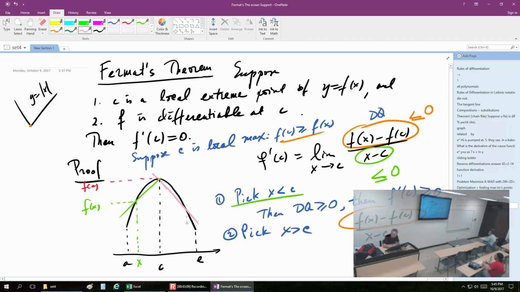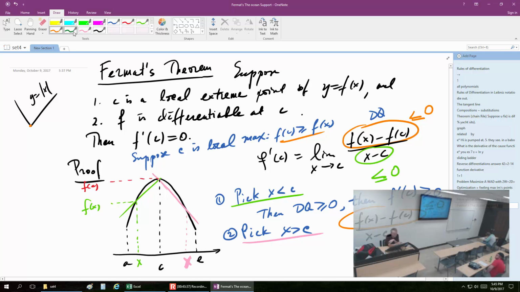That's another x that I pick, but this time I pick x to the right of c. As you can see, nothing happens to the numerator, because f of c is the highest point. It doesn't matter whether you go to the left or to the right, you're going down, which means that the numerator will still be less than or equal to 0.